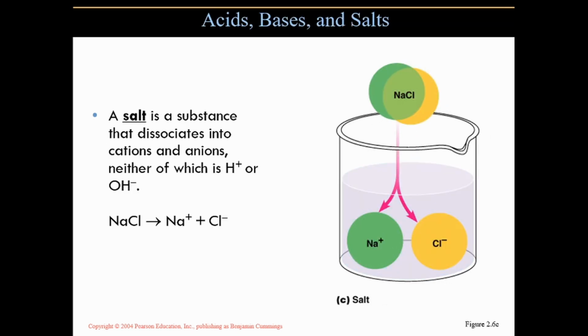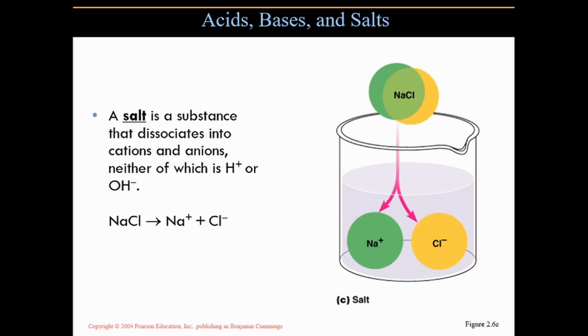A salt is a substance that dissociates into cations and anions, neither of which is the hydronium, the positively charged ion, or an OH negative. So for example, NaCl, which we call salt, is called a salt because it dissolves into charged particles, into ions, neither of which is H plus or OH negative.